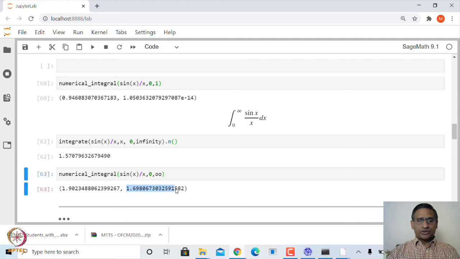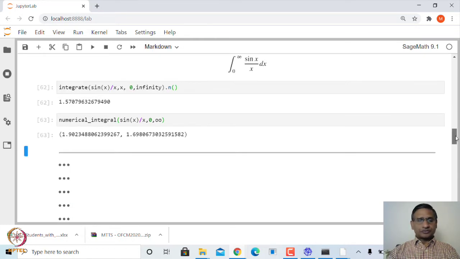In this case, the error term is very high, 1.698, almost 1.70, which is a very high error. So, again, when you want to compute a numerical integral, even with SageMath or any other software of this kind, you should be careful.